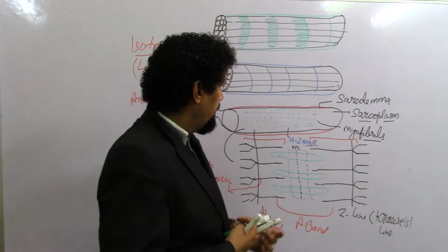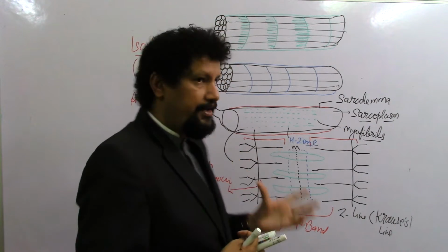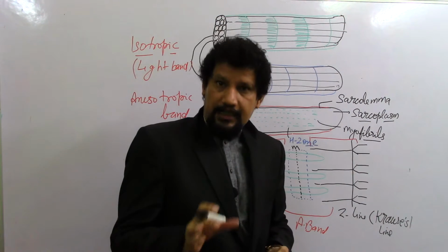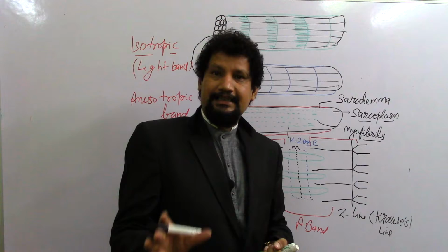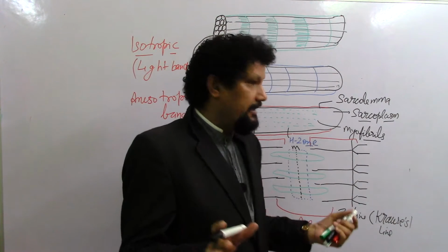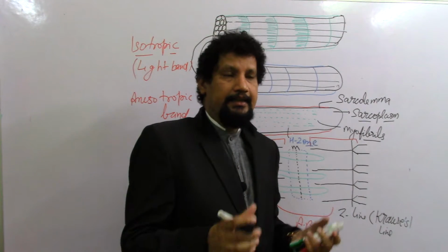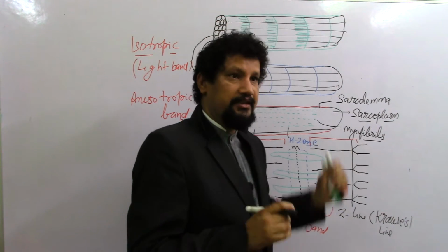Myofibril: there are hundreds of myofibrils embedded longitudinally in the sarcoplasm. So I can say the muscle fiber, muscle cell or myocyte is formed by the collection of the myofibrils.